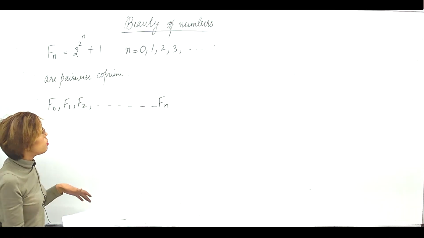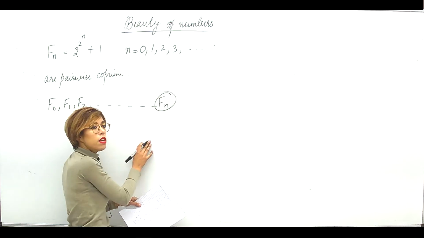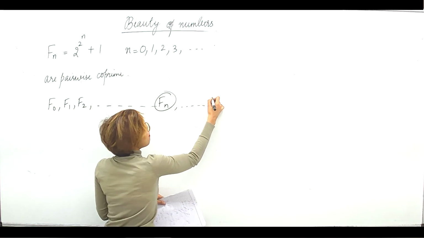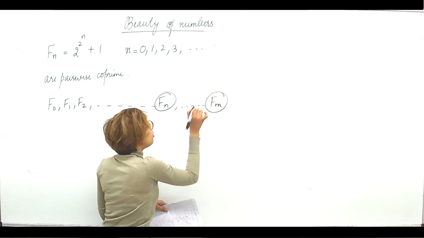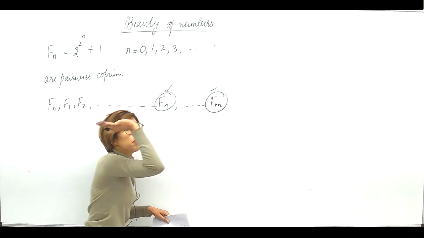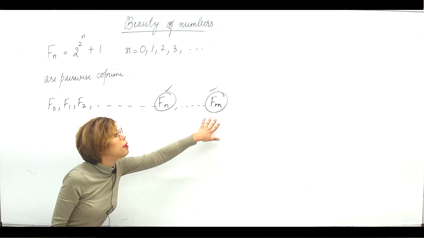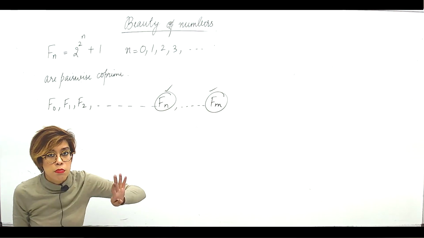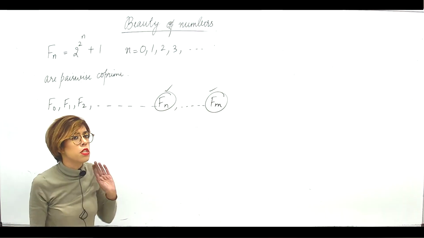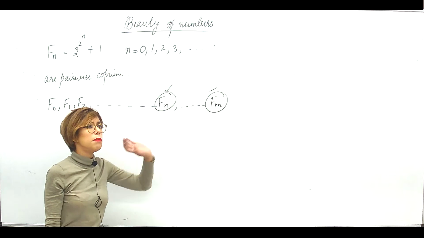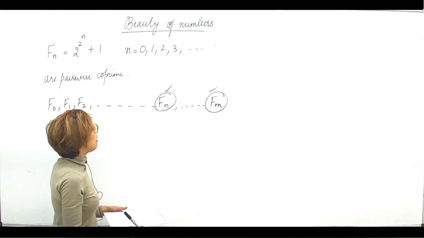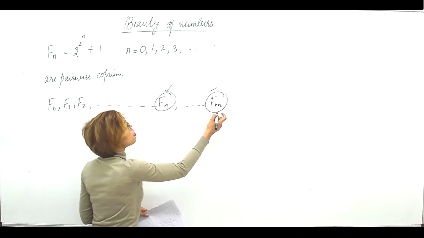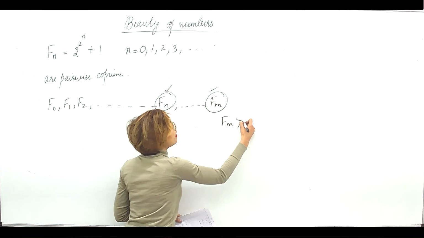So I'll take this number Fn, and then I'll have Fm. If I am able to prove that these two arbitrary numbers are co-prime to each other, my question is done. So let me take Fn and Fm, where I am assuming that Fm is greater than Fn.